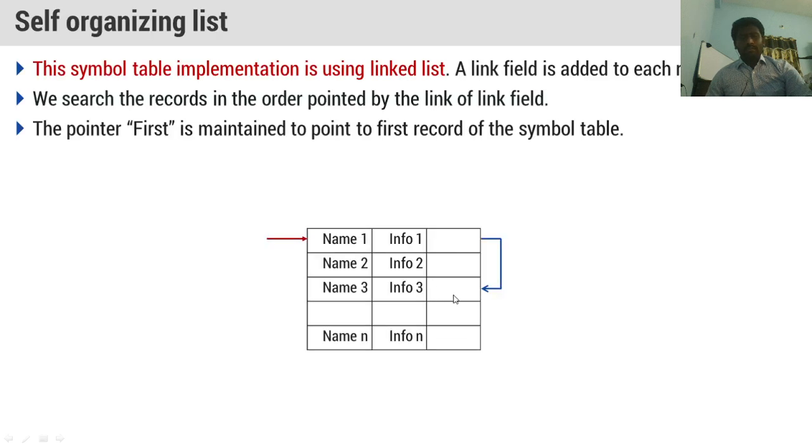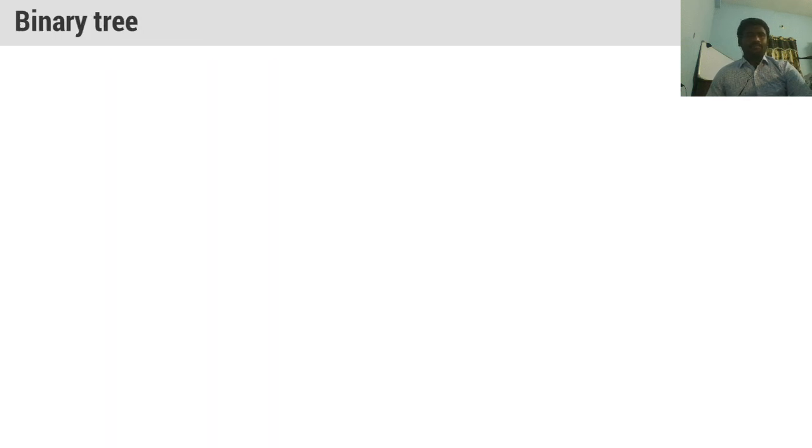When I go to the name 3 information 3 field, I will find the address of some other field. Based on the address, I can access the other record of the symbol table. This is how, based on the linked list mechanism, the symbol table can be implemented. This is called a self-organizing list.